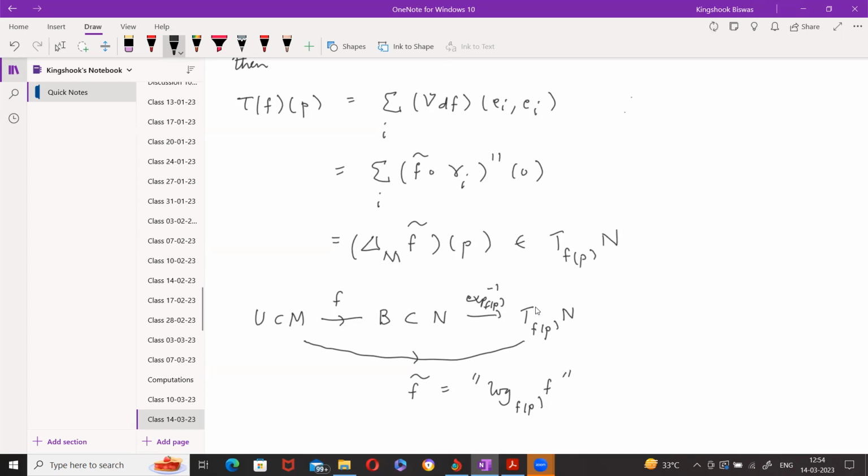So your target space is normally curved, you're making the target space flat by using the inverse of the exponential. Then for a map into a vector space, you can just take the usual Laplacian. You understand? Right. That's the point. So, okay.